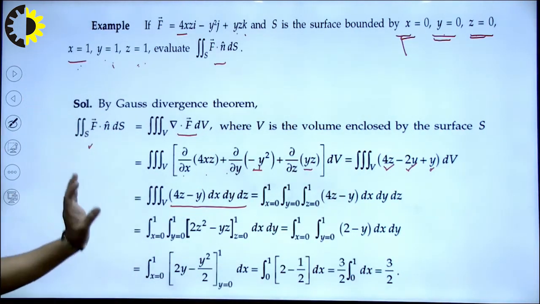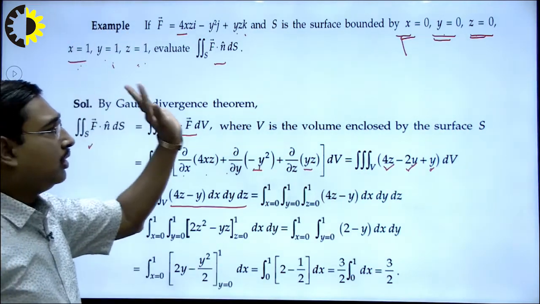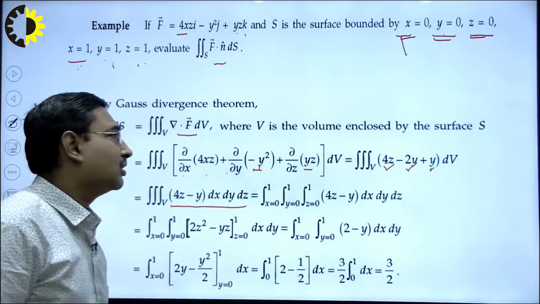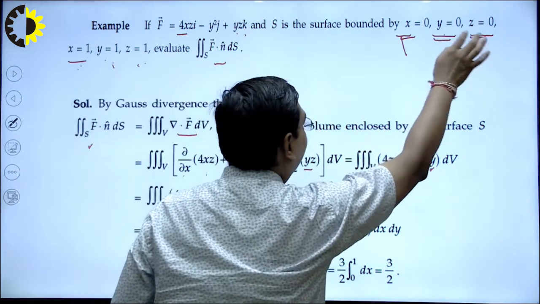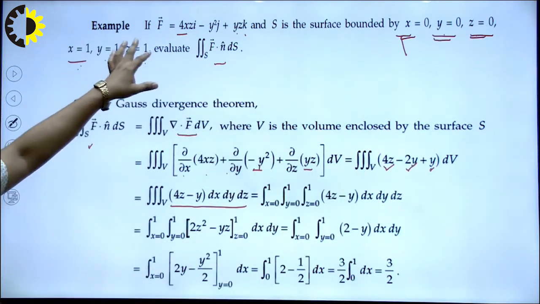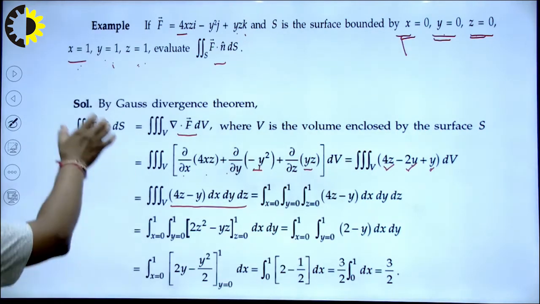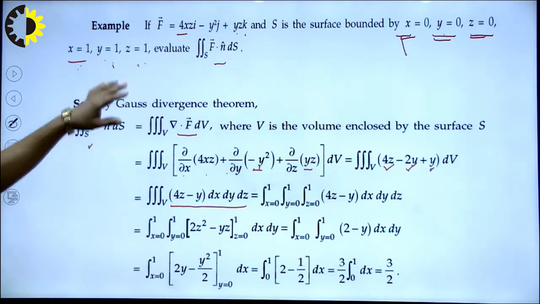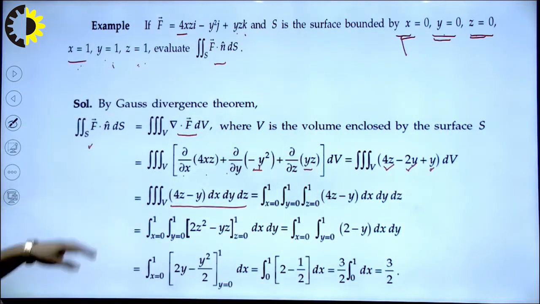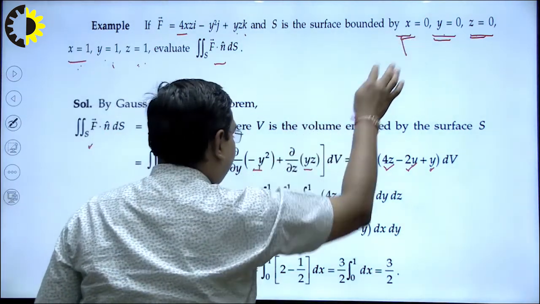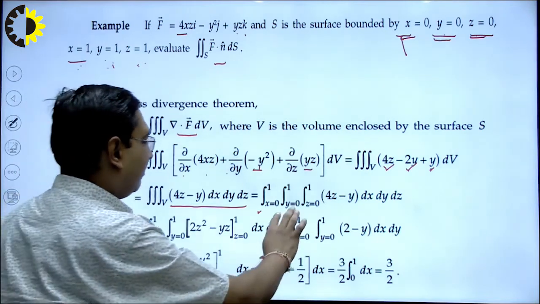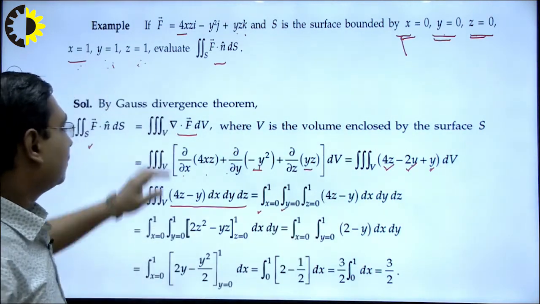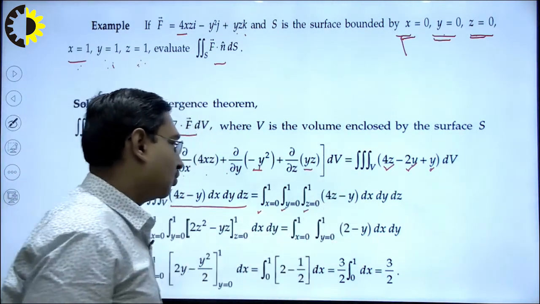Because the volume is the volume bounded by this cube, the limits of x can be directly found from the dimensions, or I should say the geometry of the cube, and therefore the limits of x will be from 0 to 1, limits of y will be from 0 to 1, limits of z will be from 0 to 1.